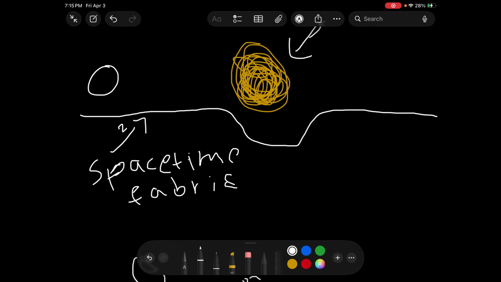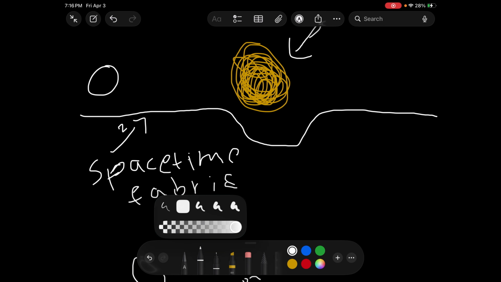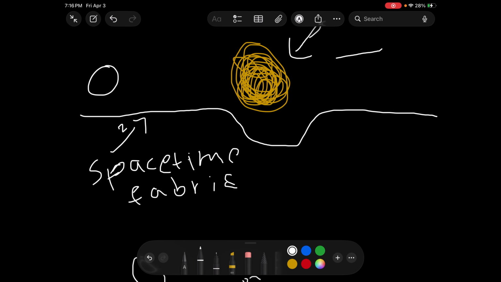This is an improvement of Newton's theory of gravity, because now we can explain why things actually don't just go in straight paths, like light doesn't just go in a straight path when it passes near the sun.